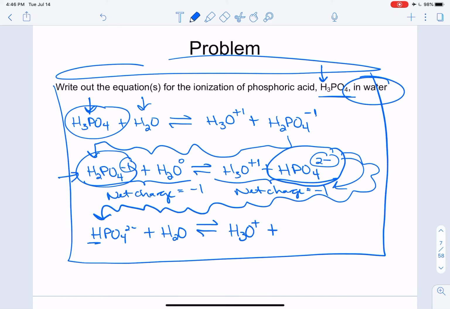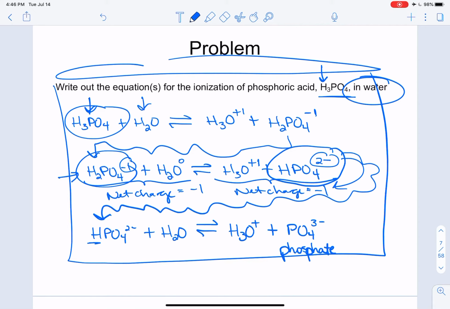So HPO4 minus 2 loses its H plus. So all we're left with is PO4, and that's going to have a charge of what? Now it's going to be -3. And that's somebody that we've seen before. That's our polyatomic ion phosphate. Aha! Something we've seen before.